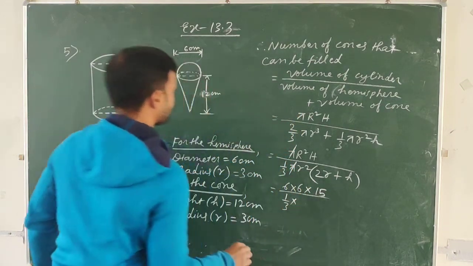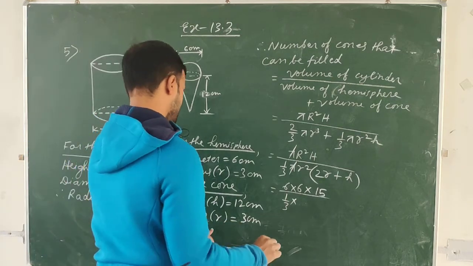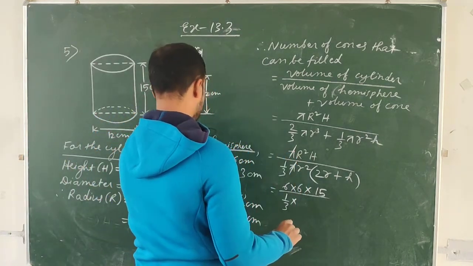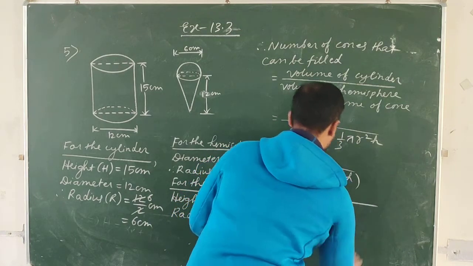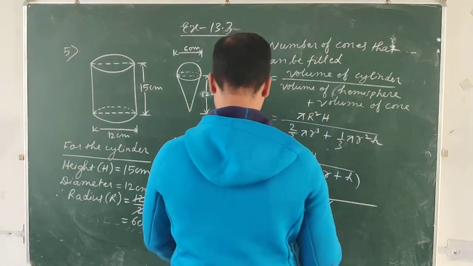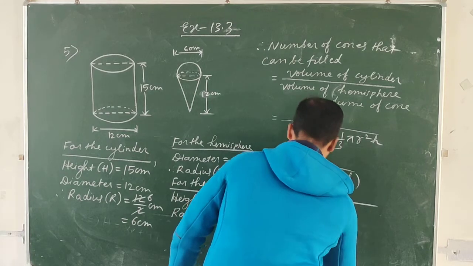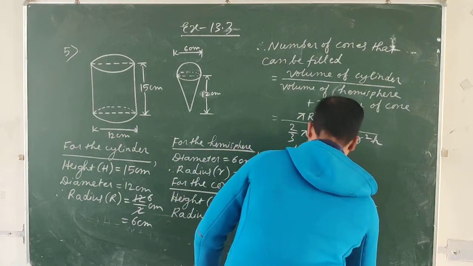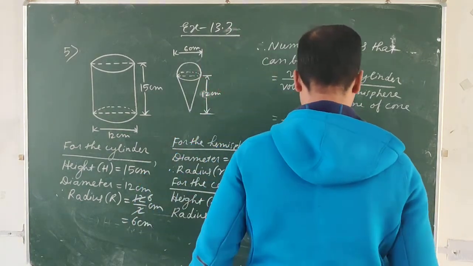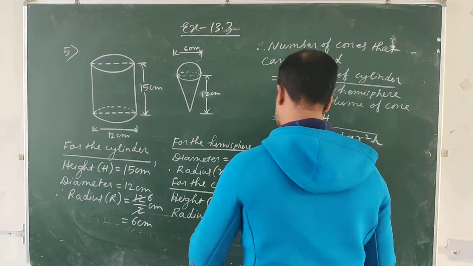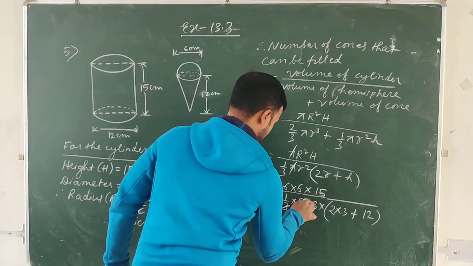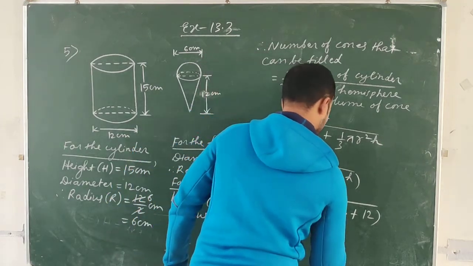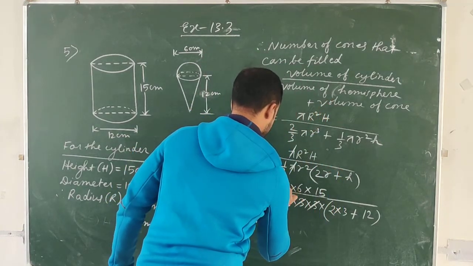1/3 into small r. Small r is how much? Small r is 3. And 2 into small r is 6, plus h, which is 12. So this 3 is cancelled with this 3, and we cancel 6 two times.